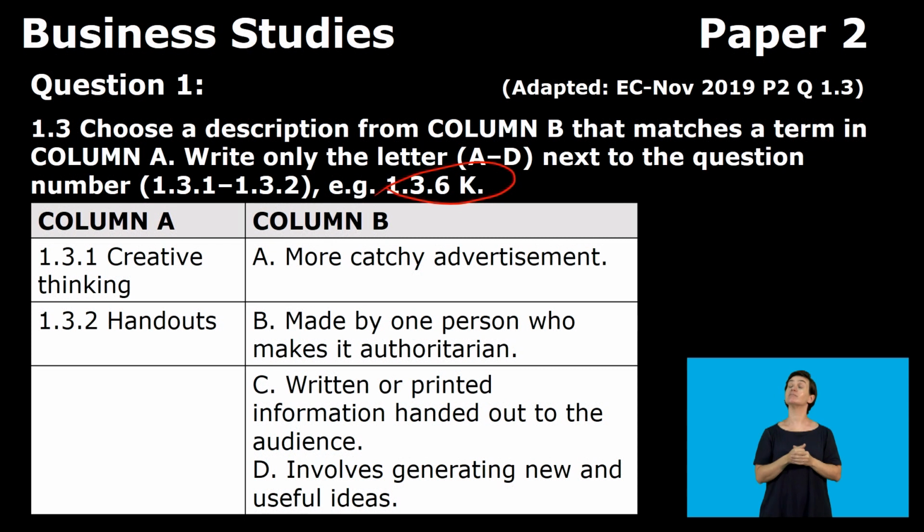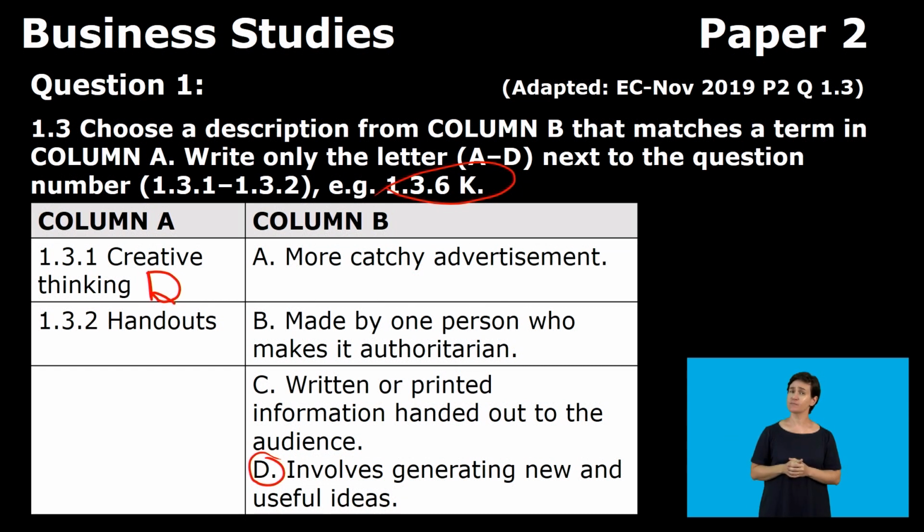All right, I see you have your answer ready. So our 1.3.1, our answer is what? Yes, it is D. D is the correct answer. Then 1.3.2, handouts. Which one is the correct answer? Handouts.